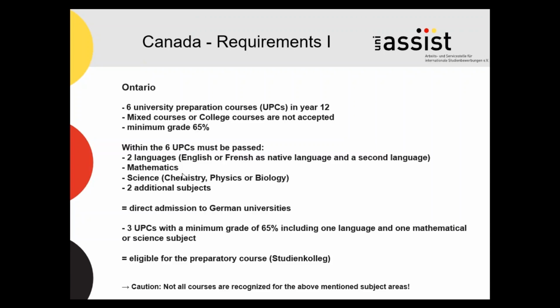If not, it is only possible to be admitted to a preparatory course, the so-called Studienkolleg. But also, you need to meet another requirement: at least 3 UPC courses, at least 1 language and 1 mathematical and/or science subject.